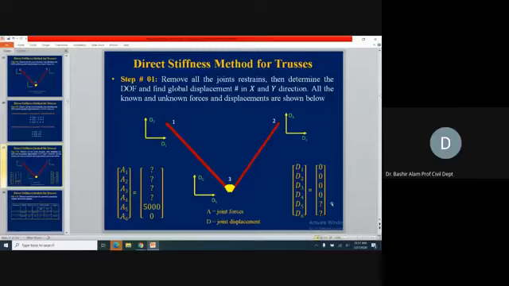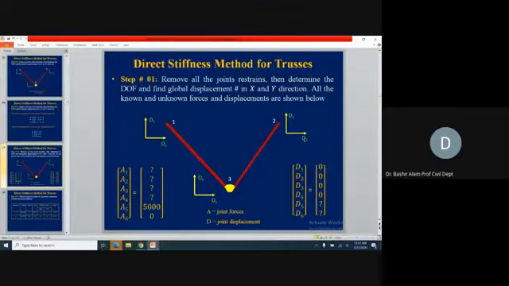Now the corresponding actions will be shown with A1, A2. Corresponding to this, at this support we have a hinge, so it can have horizontal reaction and vertical reaction, but at this stage we don't know how much those reactions are. So we put A1 and A2. A1 corresponds to D1 and A2 corresponds to D2.